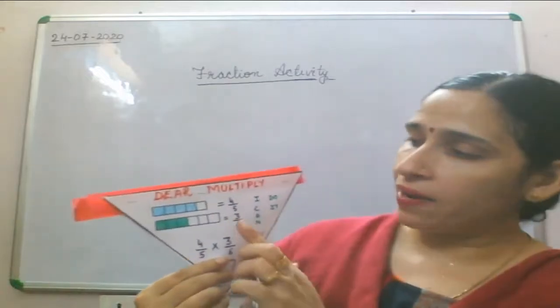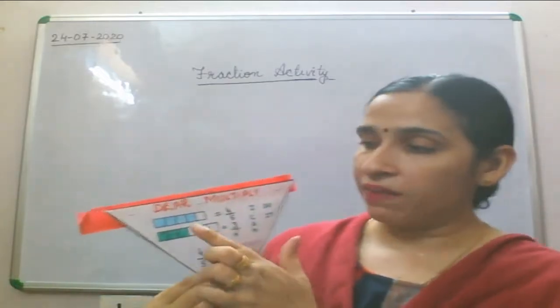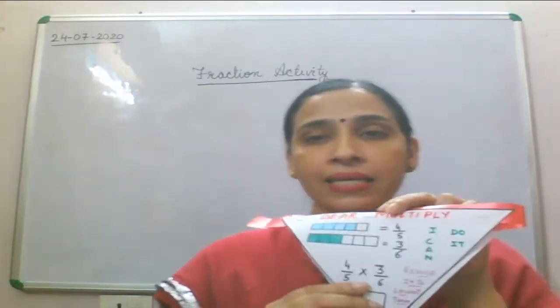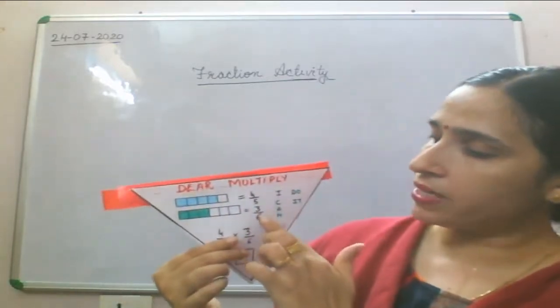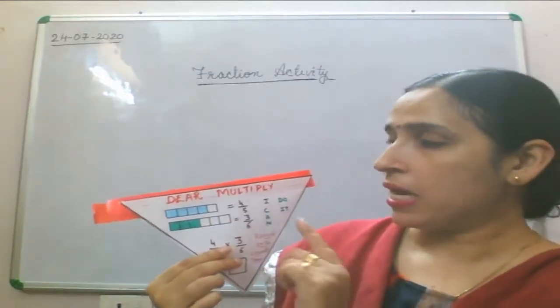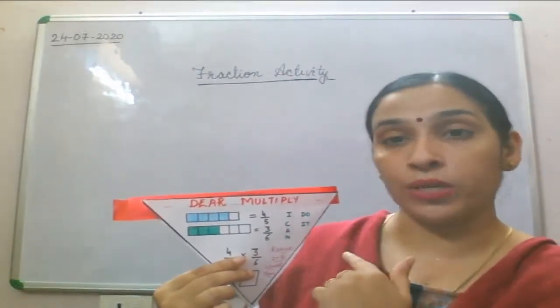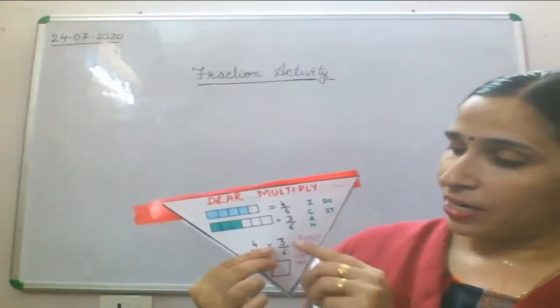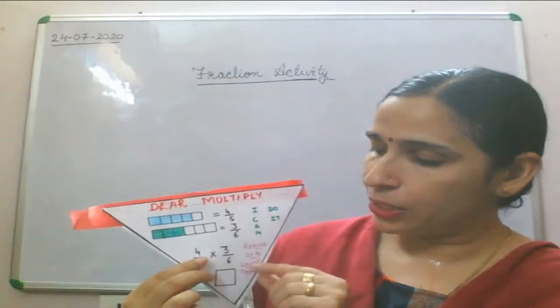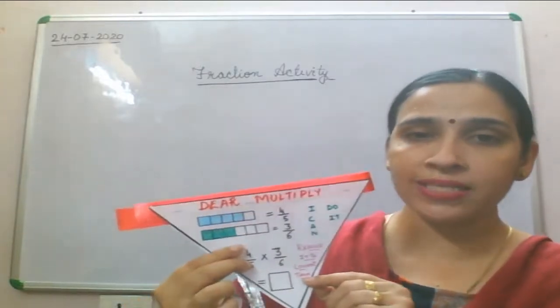Here I have taken 4 by 5: 5 equal parts were there, out of which we have shaded 4. And then next we have taken 3 by 6, which means 6 equal parts, out of which we have shaded 3. Now, dear multiply, I can do it. And you will do the multiplication here and reduce it to the lowest term.